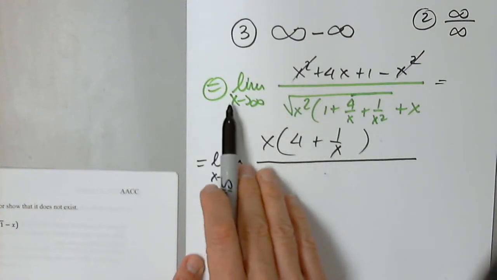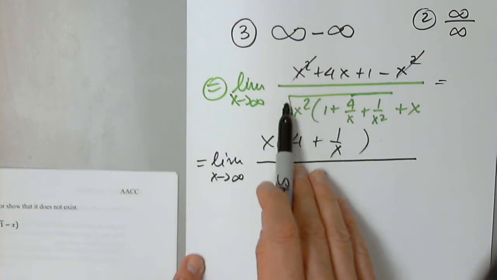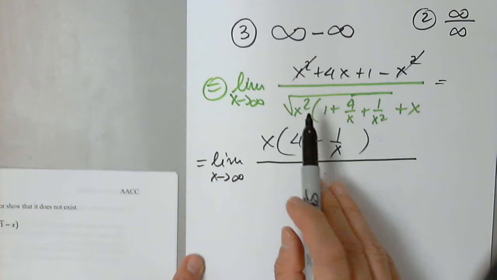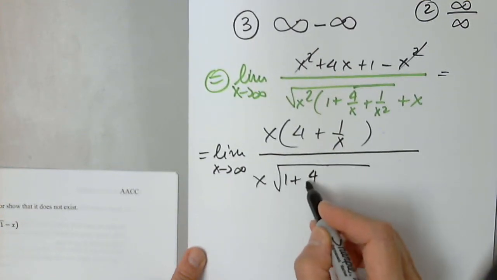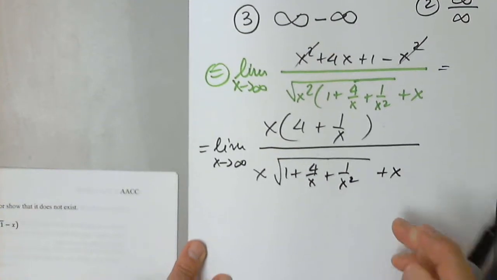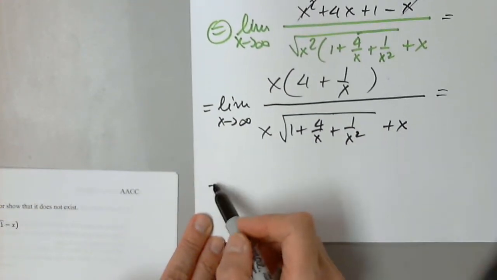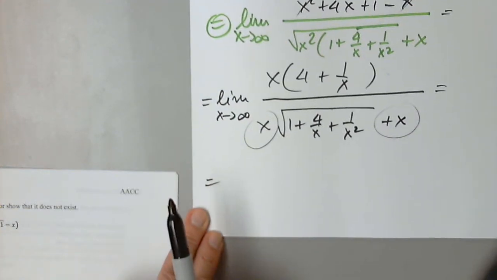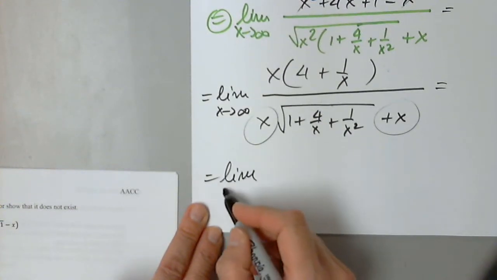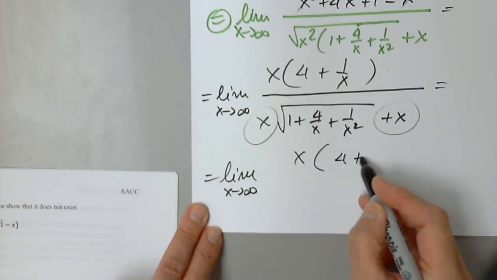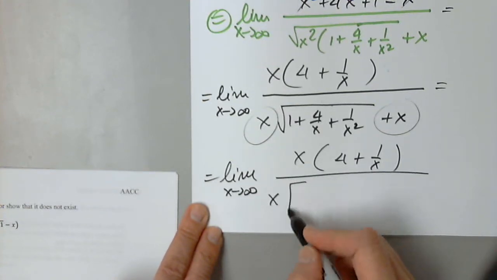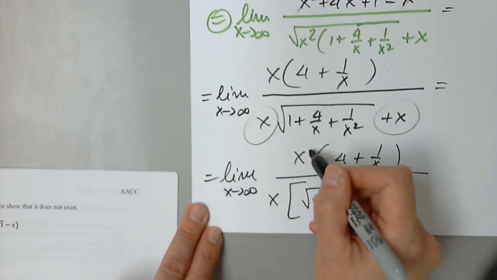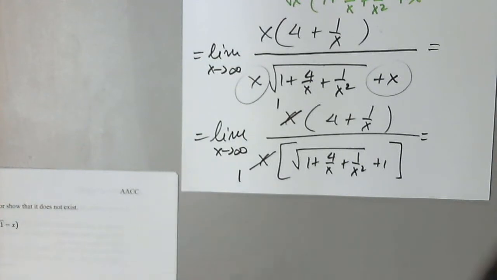Since x approaches infinity, and I have the square root of x squared, what can I replace this piece by? Perfect. What is my next step? Factor out, and now I can drop the limit operator.